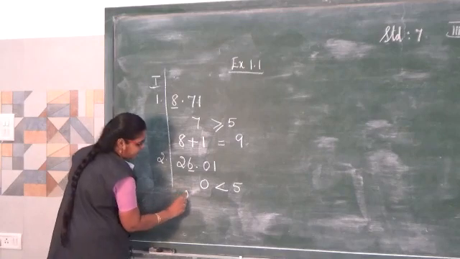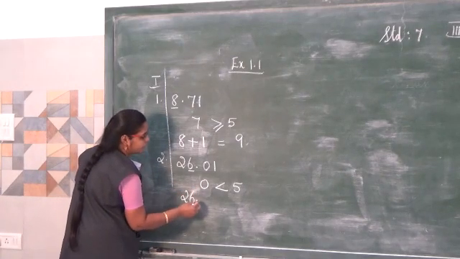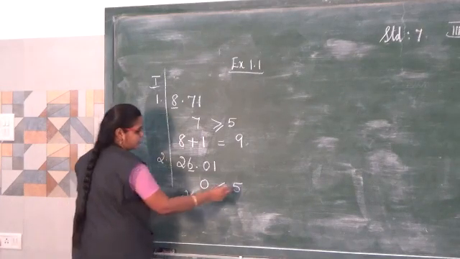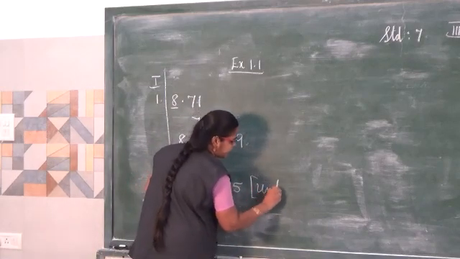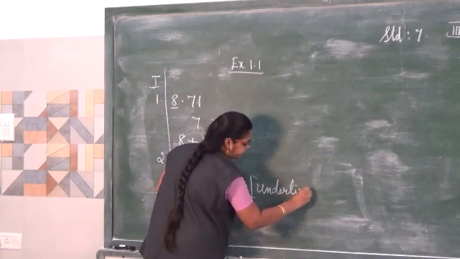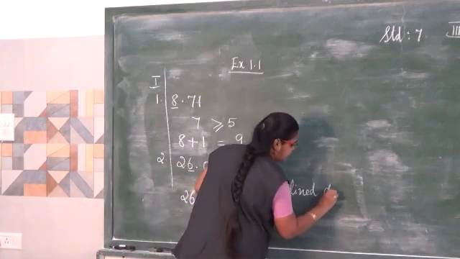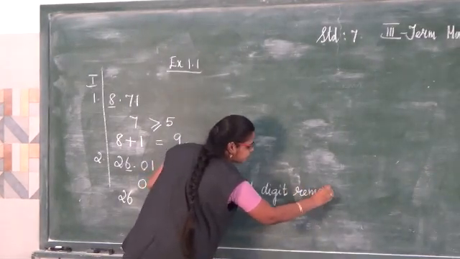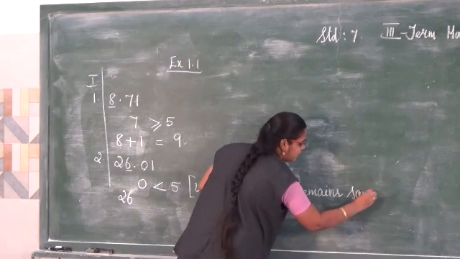So here 26, since it is 0, less than 5, the underlined digit remains the same.